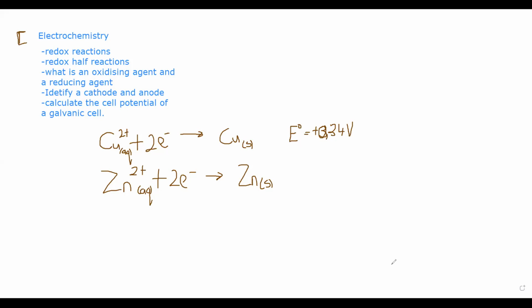So you can see the whiteboard now. So the electric potential of this is negative 0.76 volt.